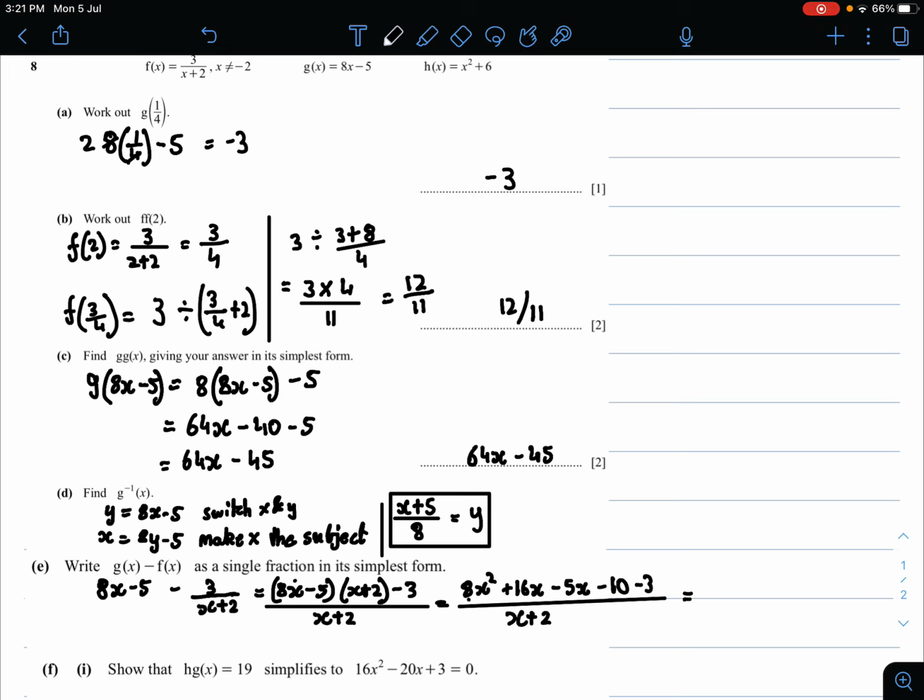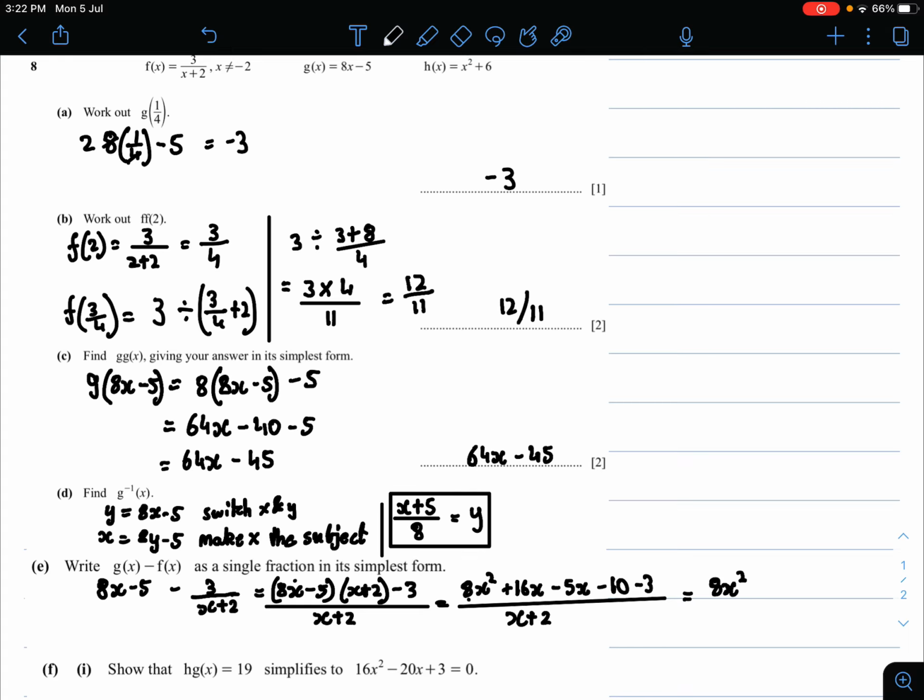Therefore we can simplify further. So 8x square, there's no other x square term, so 8x square stays as it is. 16x minus 5x, since they have the same variable, that is x raised to 1, we can take the sum of the coefficients.